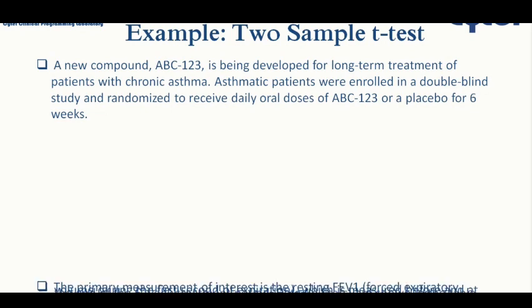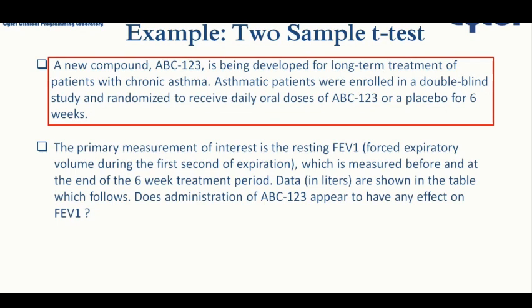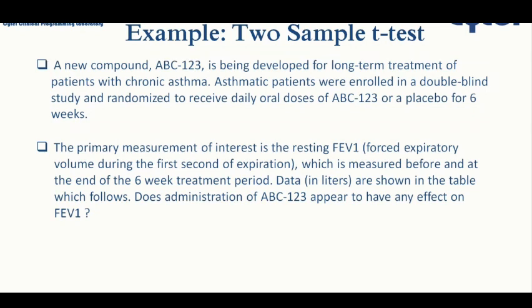So, let us consider an example. A new compound ABC123 is being developed for long-term treatment of patients with chronic asthma. Asthmatic patients were enrolled in a double-blind study and randomized to receive daily oral doses of ABC123 or a placebo for 6 weeks.